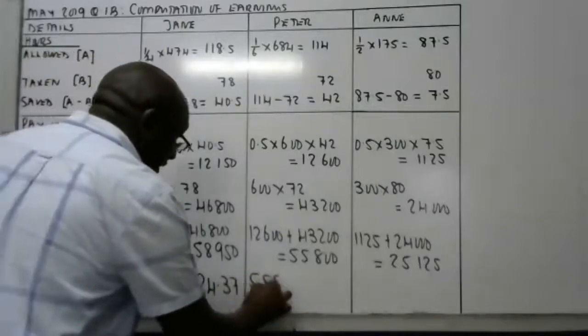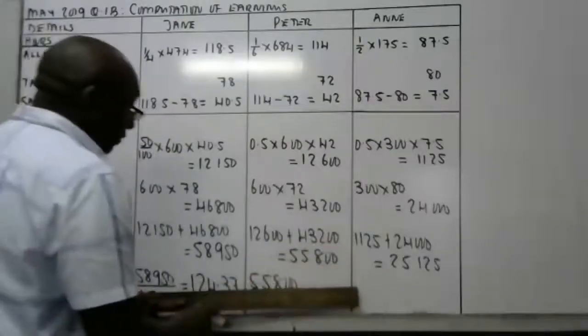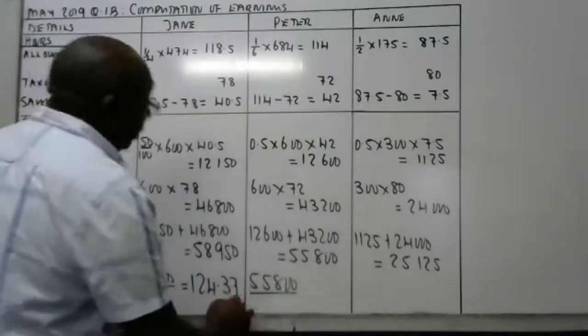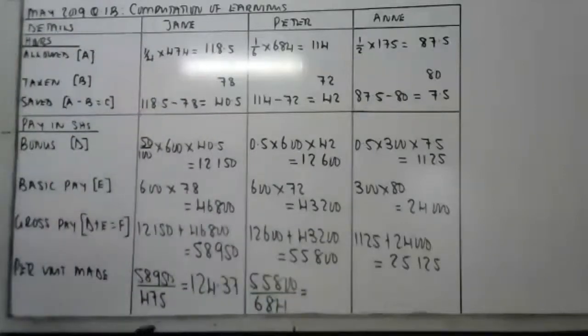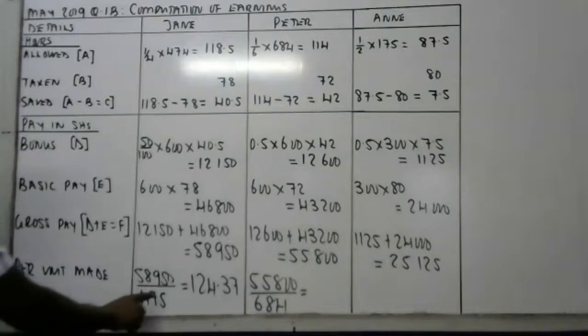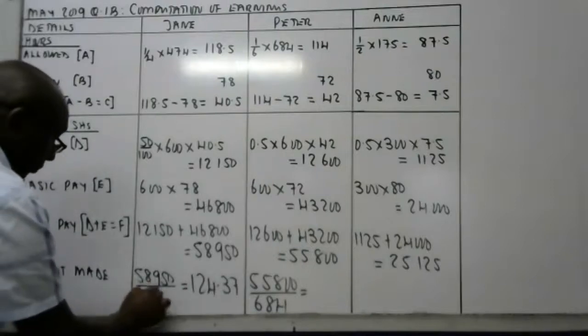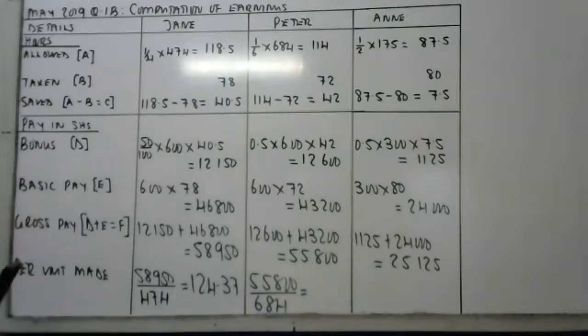Then 55,800, you divide by 684. So are you still giving the same figure? 58,950 divided by only 474, not 475, is 124.37, so it's okay.